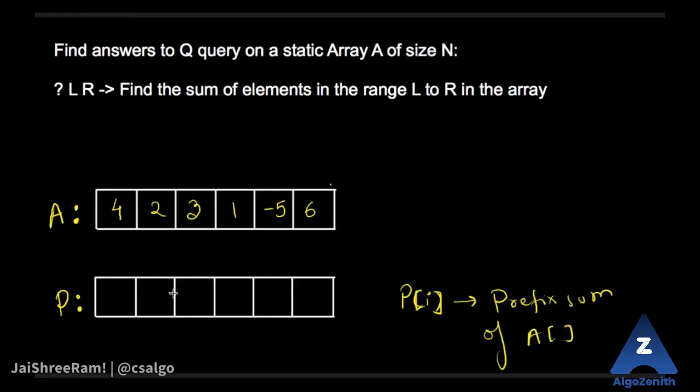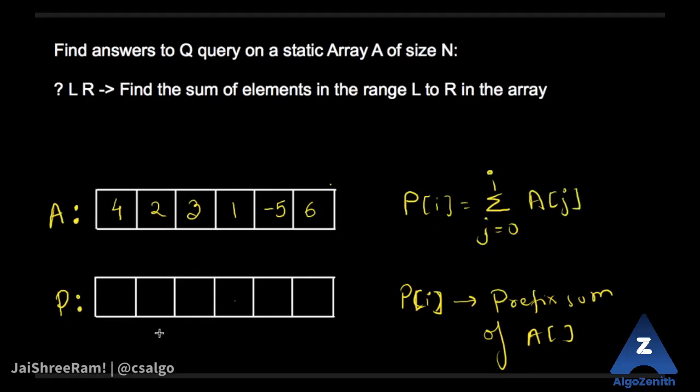At a particular index I, this will be the sum of the elements up to I. So from 0, 1, 2, 3 up to 3, you keep that sum. Technically, P of I is equal to the summation of A of j, for j equal to 0 to I.